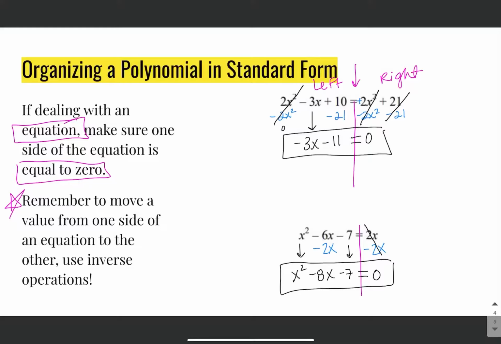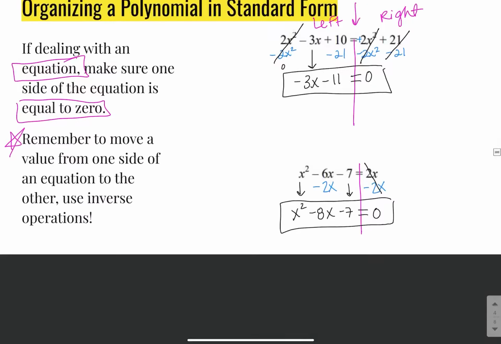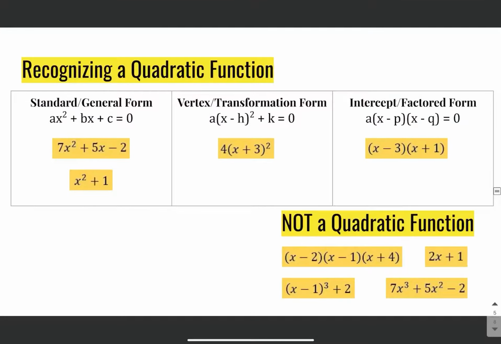All right, so level 1, standard form. Now, this is a little bit of review, but making sure that we can recognize the forms. So we have that standard or general form. Remember that this is going to have your A, your B, your C. We're going to talk about that a little bit more today.